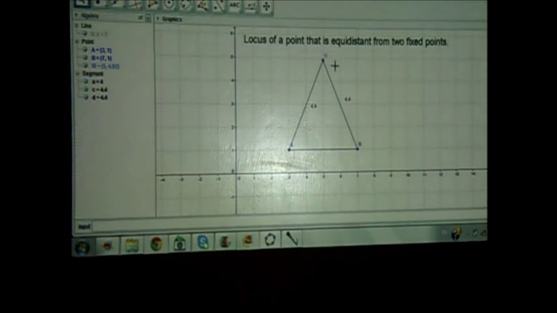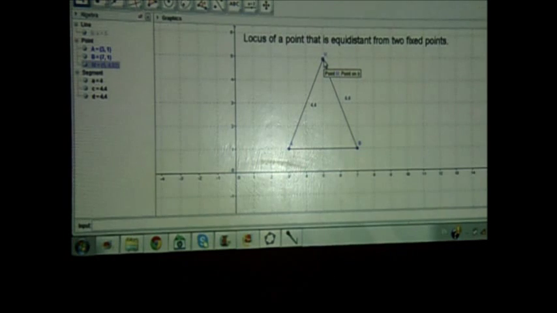And we have a point M, which is at an equal distance from A and B. That's to say, segment MA equals segment MB. We also need to displace the point M to detect on which line this point varies, and we will directly find its locus.